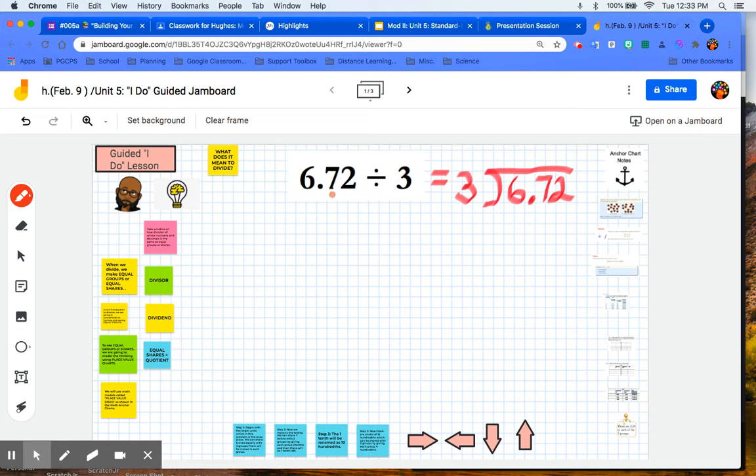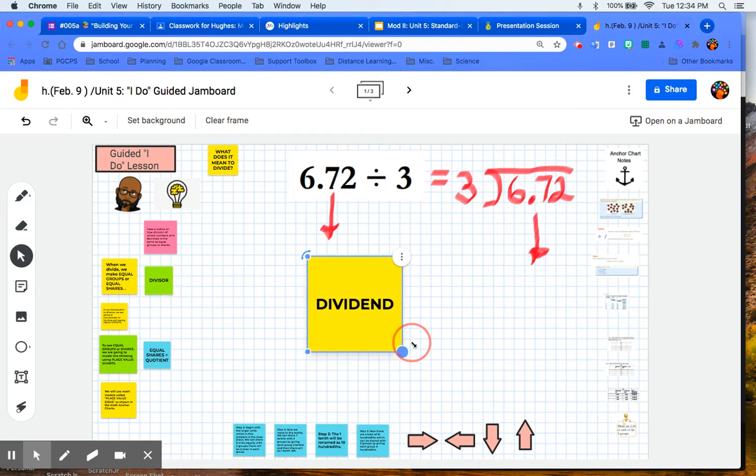In division, you have what you are dividing into. 6 and 72 hundredths is known as the dividend.